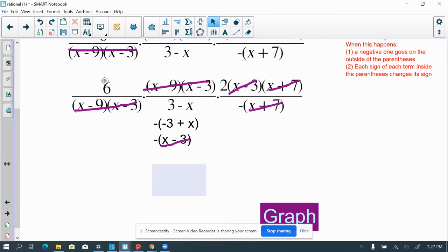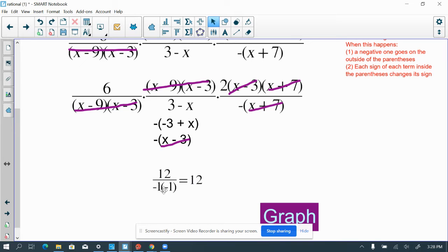I've got, in the numerator, 6 as a factor times 1 times 2 times 1. Well, that's just 12. The denominator, I've got 1 times negative 1 times negative 1 times 1, I guess. And so the denominator is really just negative 1 times negative 1.